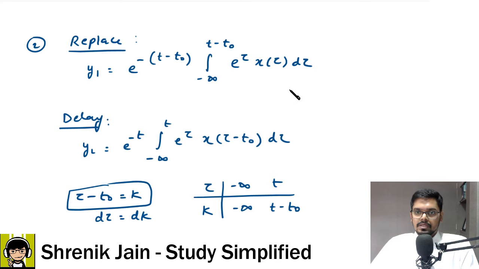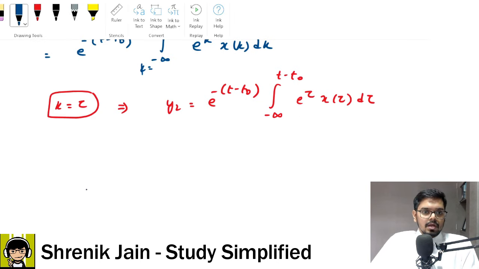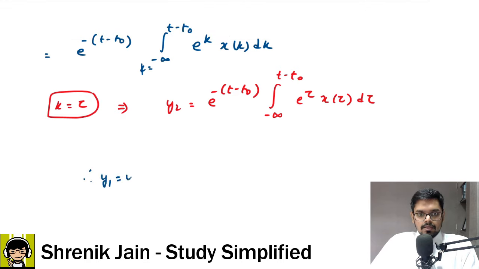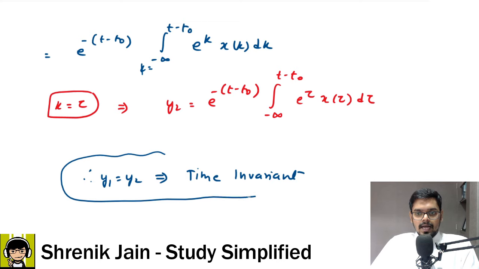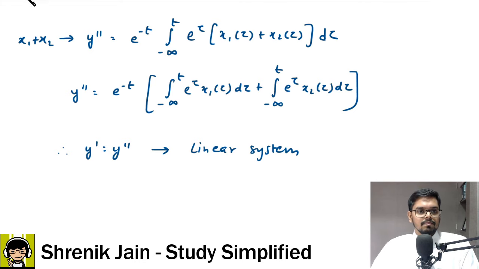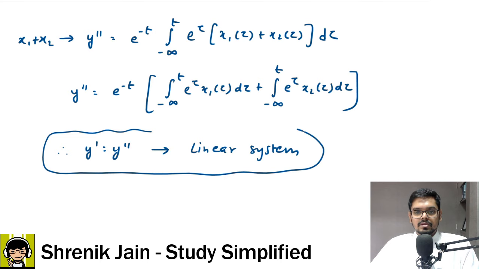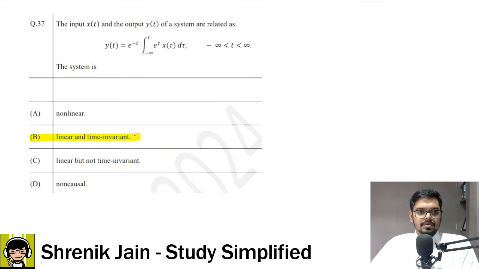If you got same to same, then y1 is equal to y2, which means we are time invariant. They are not varying with time, they are time invariant. This is our conclusion. So time invariant, and we had a linear system. So basically this is an LTI system, a linear time invariant system. So hence option B is correct.